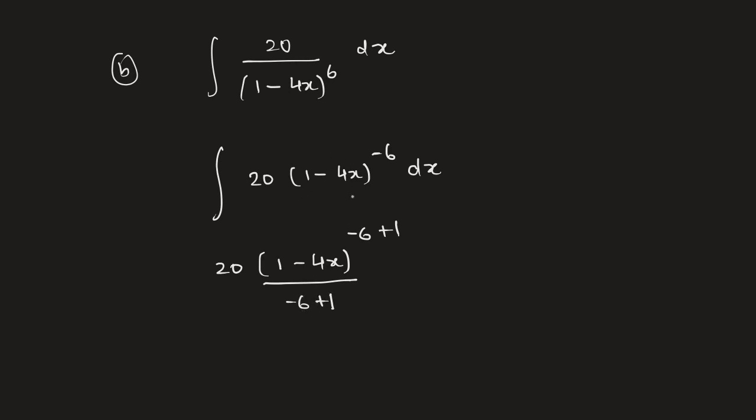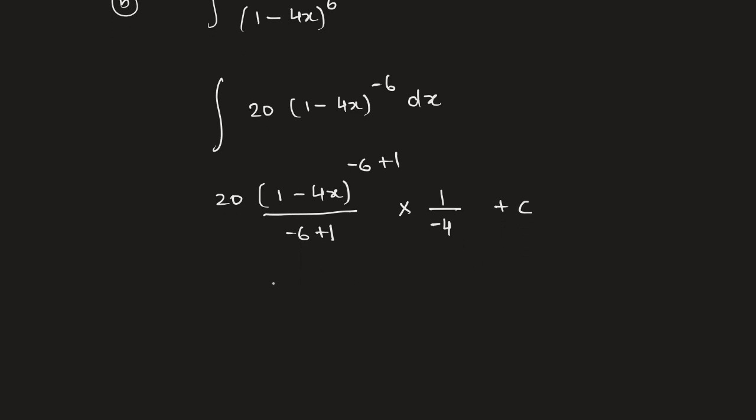Now what would be differentiation of this inside function? That would be negative 4. Now instead of multiplying it by negative 4, in integration we'll divide it by negative 4, plus c. Now let's simplify this part. What we'll get is 20 times (1 minus 4x) to the power negative 5.